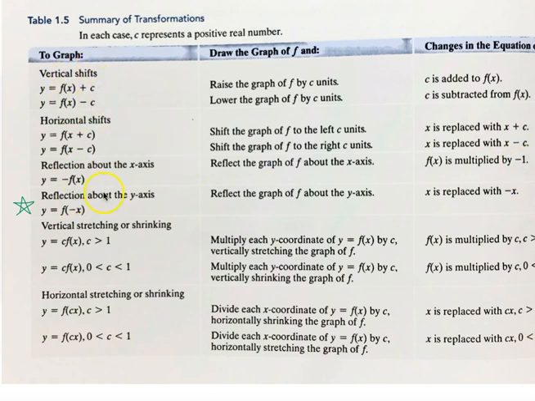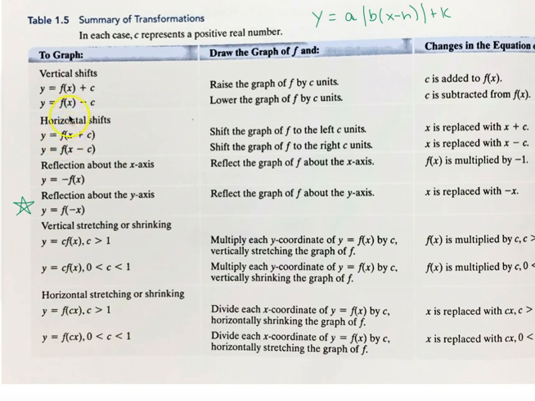Now, the notation here is a little bit different. Here, when we're adding values on the outside, back in Algebra 2, we wrote these equations, let's say I was doing an absolute value, like A times the absolute value of B times X minus H, and then plus K. So this is just a different type of notation.